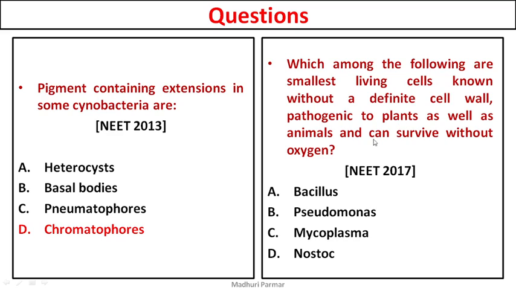But it is my job to tell you that mycoplasma are actually bacteria which cause infection and disease in plants as well as in animals. Because they are parasitic or infectious bacteria, they do not really require oxygen to survive. The answer is mycoplasma or PPLO.